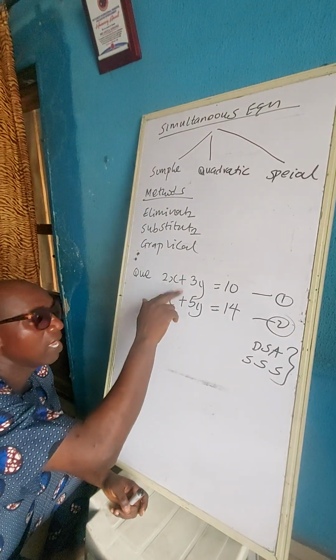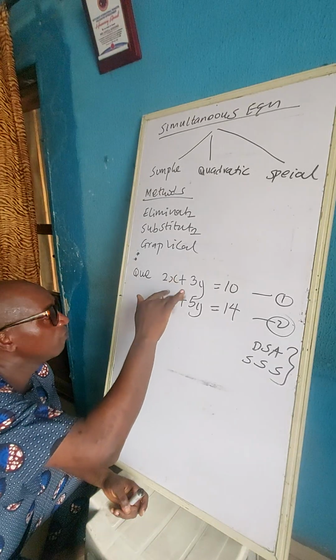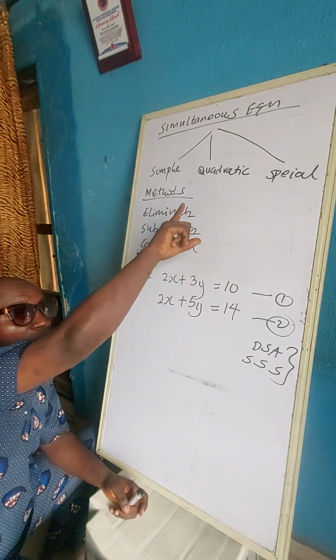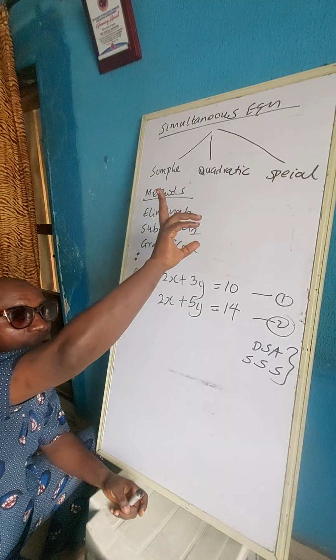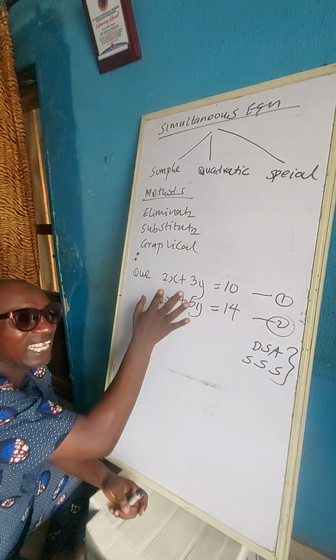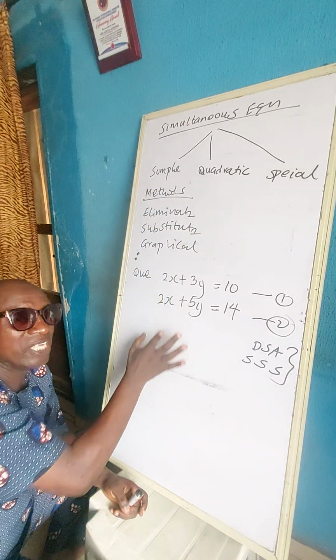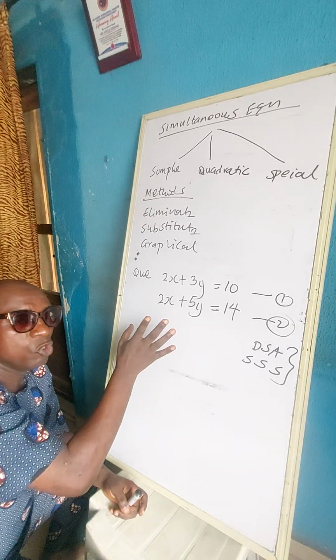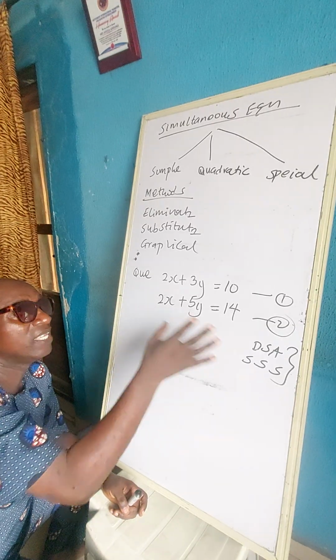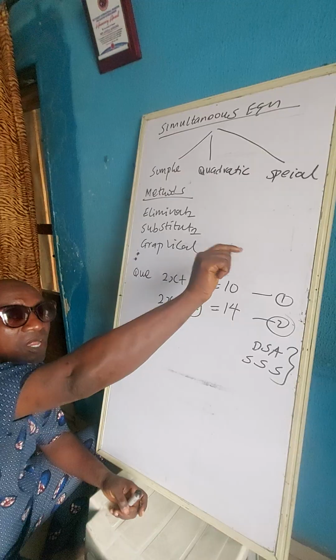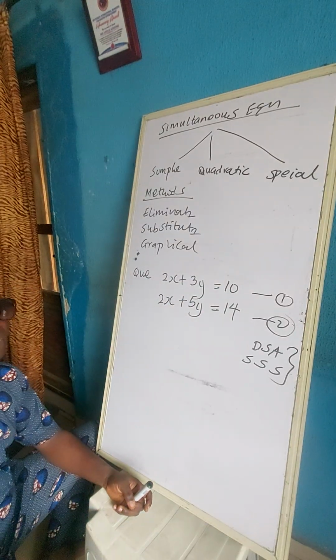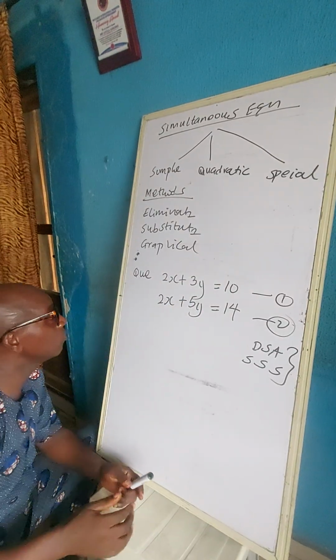If the power of any of these equations is 2, it becomes quadratic simultaneous equation. And if you are having 3 equations, you are asked to find 3 letters x, y, z, it becomes special simultaneous equation.